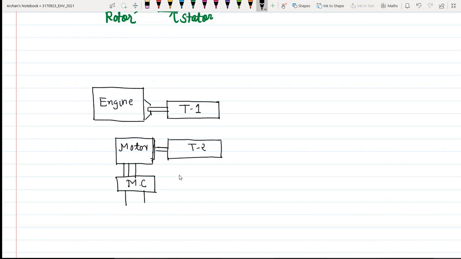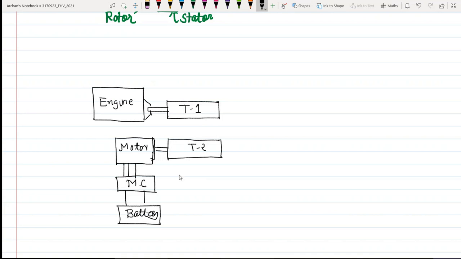Okay, and the power is being provided by a source of battery. So here is what we have generated, these two, transmission 1 and transmission 2, right?